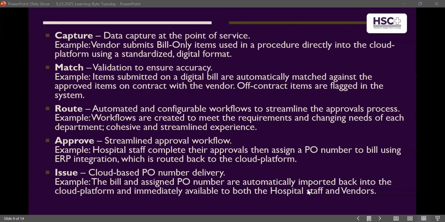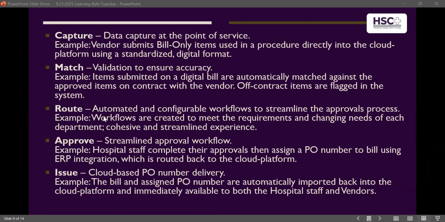I do like my buyers to touch that and be the ones moving a requisition to PO, or your ERP system can do that once the requisition's entered. And then issue the cloud-based PO number delivery. Example is that the bill and assigned PO number are automatically imported back into the cloud platform and then immediately available to both the hospital staff and the vendors. So it just makes it so much more streamlined.